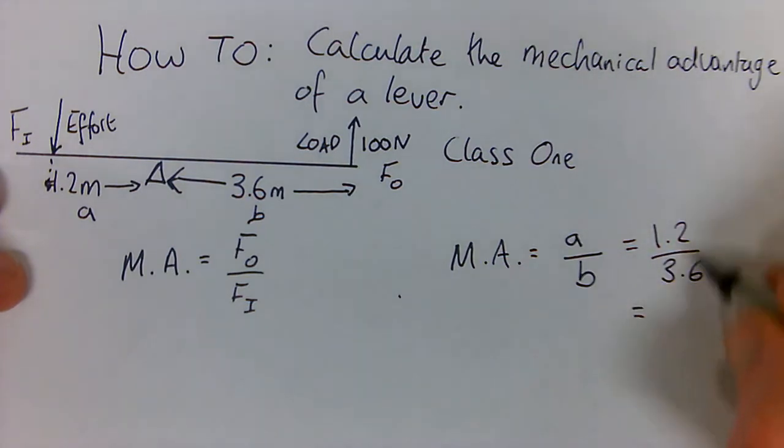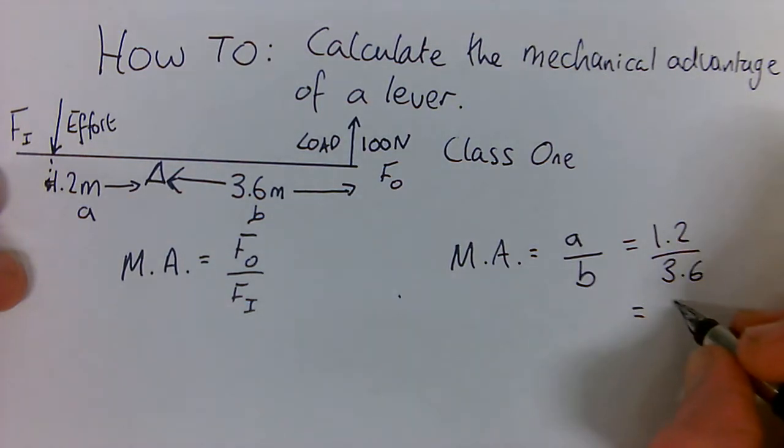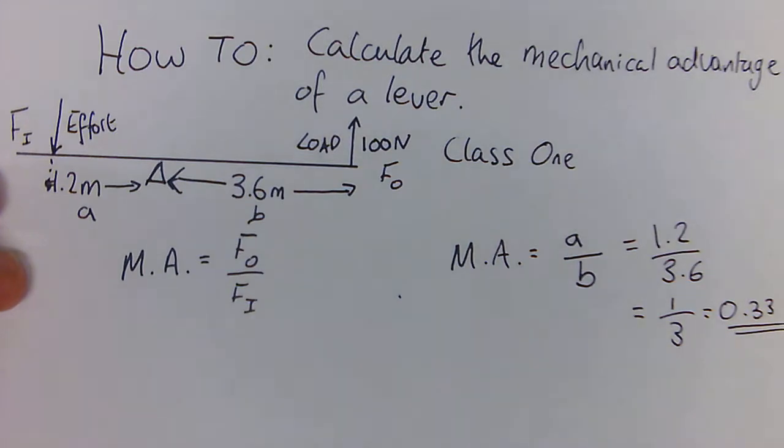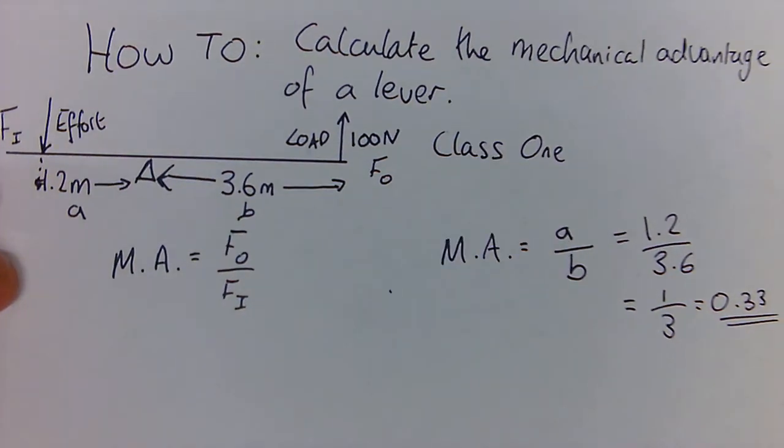So we can see here that is a fraction that we can reduce down to 1 over 3 or 0.333. The 3's will go on because that's a recurring decimal.